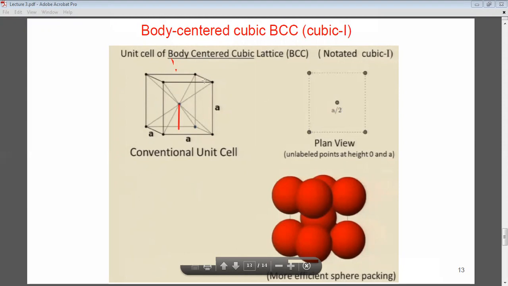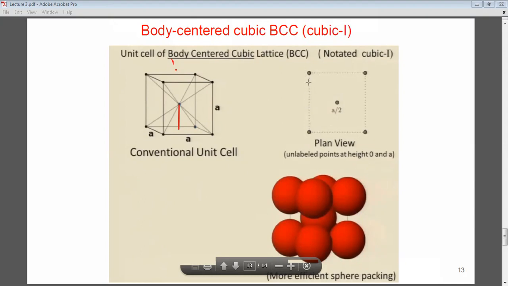Now, these points are at what heights? They are at heights A. These points are at what height? They are at height 0. So the one I labeled is at height A/2, and the ones I did not label are at heights 0 and A. So in the case of BCC, or body-centered cubic lattice, we will see 4 things in the corners and 1 thing in the center, and then we label the height.